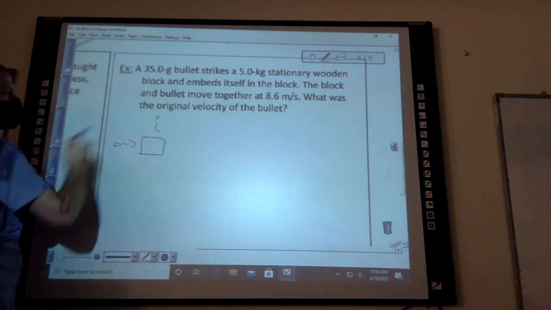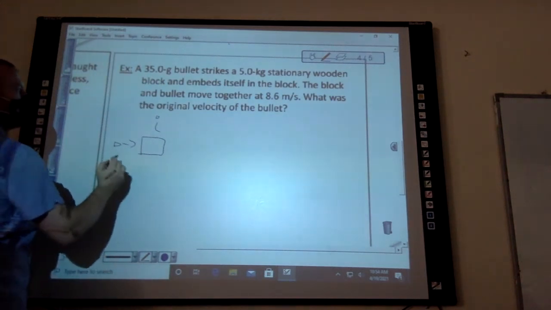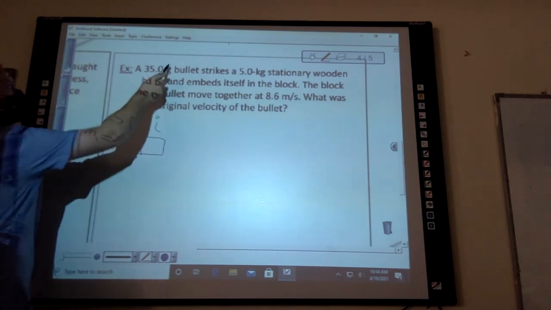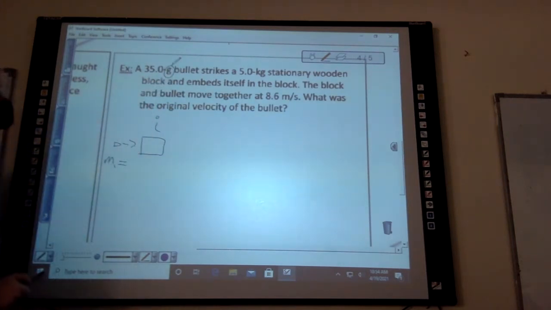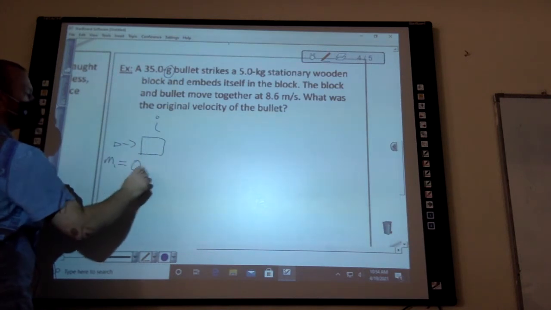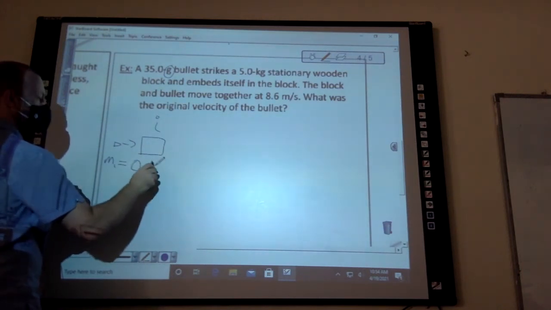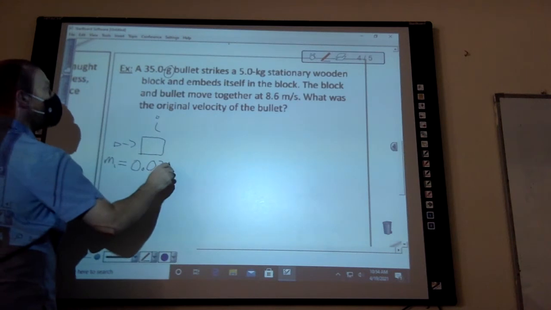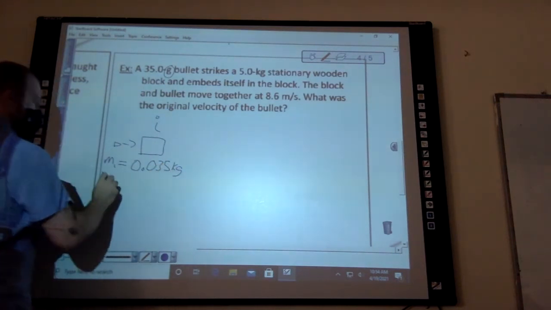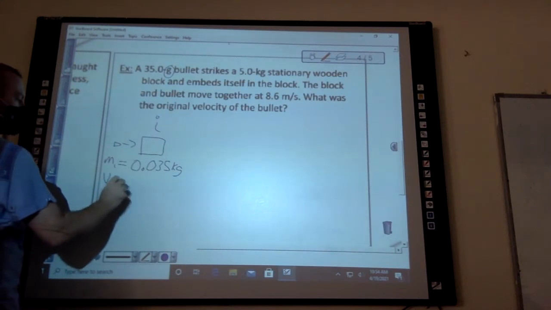So here we go. Here's a bullet. It's going towards a wooden block. Let's call this M1, the bullet. Notice grams. So I need to put in kilograms, divided by 1,000. So 0.035 kilograms.